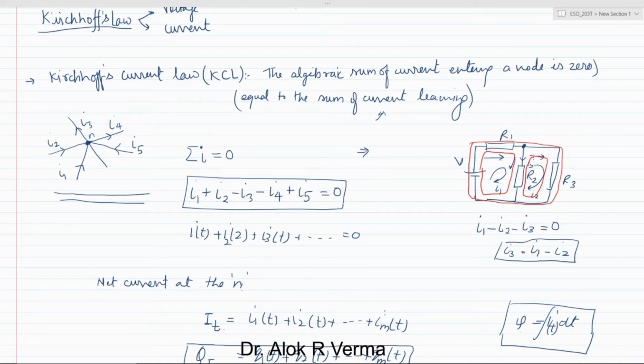KVL says that in any closed loop, the algebraic sum of the voltages is zero. Using KVL, we have to keep in mind that if we consider a rise in potential as positive, then the voltage will drop across the resistance, and the drop is given by Ohm's law, V equals I into R, where I is the current entering the resistor. Then again there is some drop, and then it comes back to this. Okay, now we'll see a circuit.